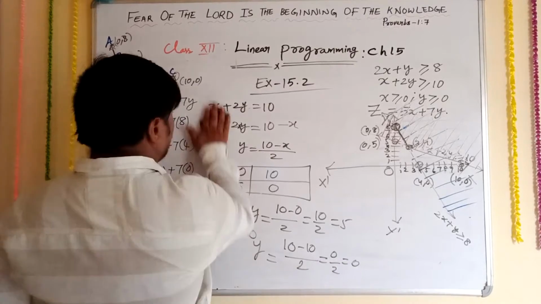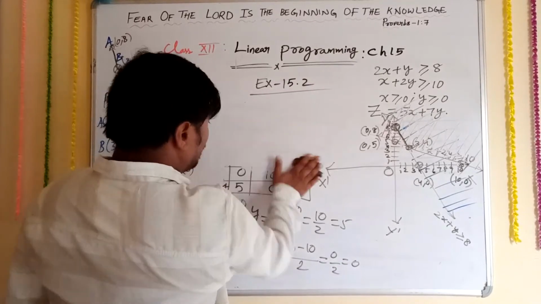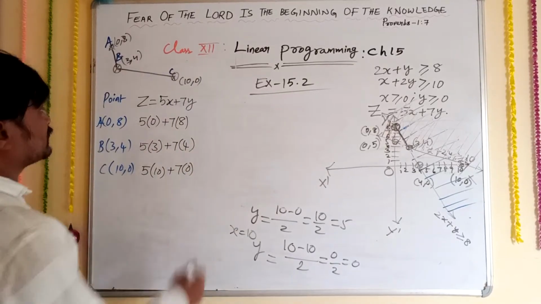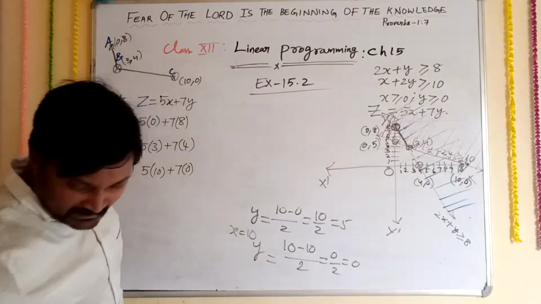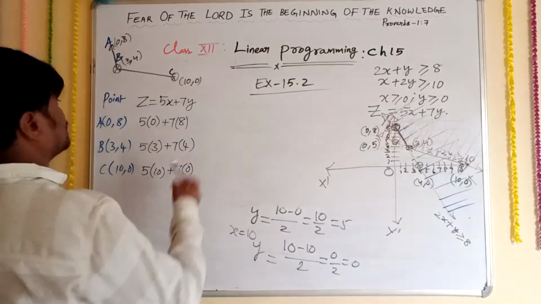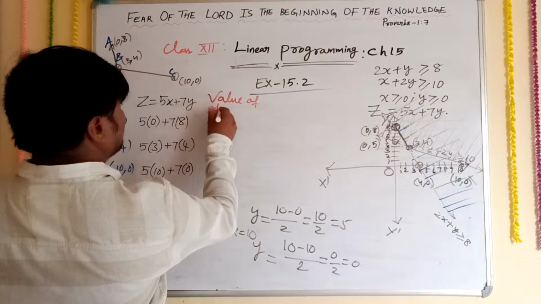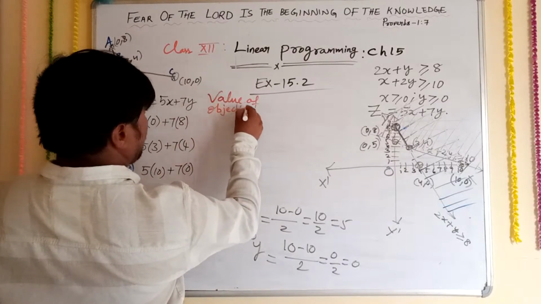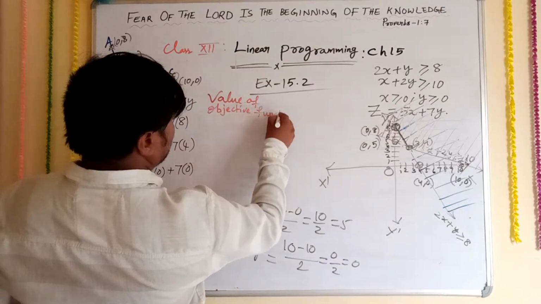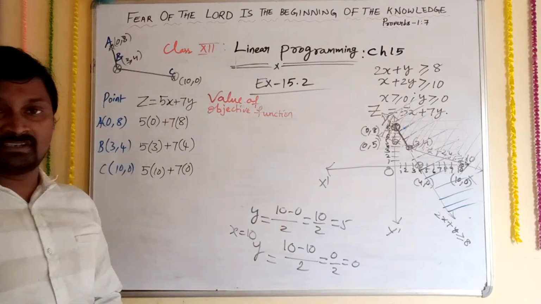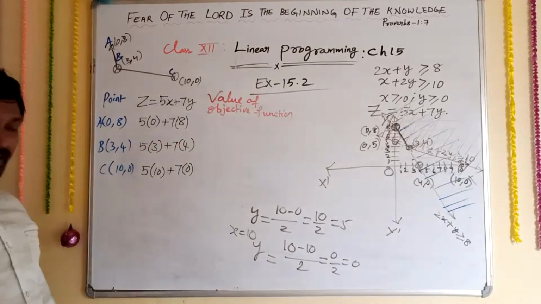So let me check how you are going to get value of this objective function. So our aim is just to minimize the cost. So for that purpose, we are doing this.